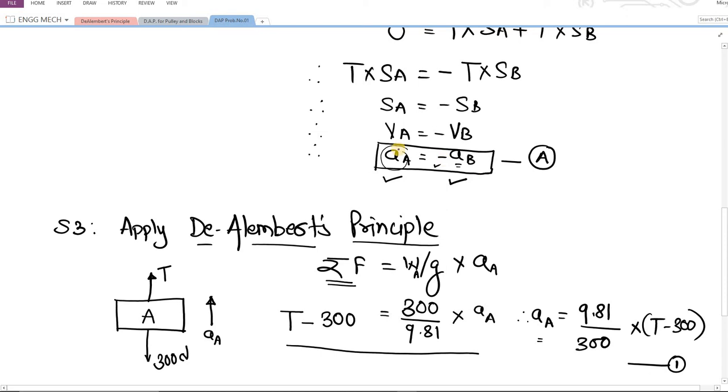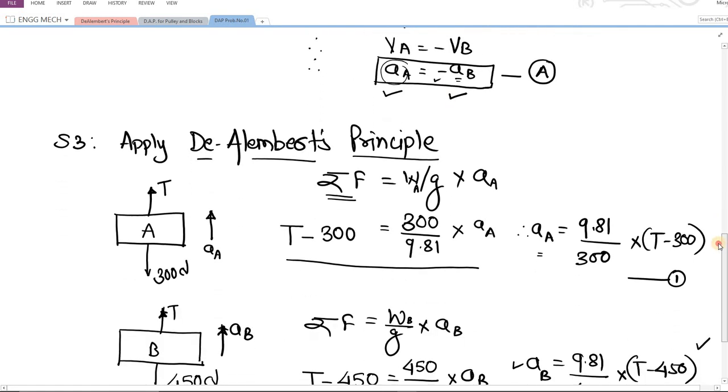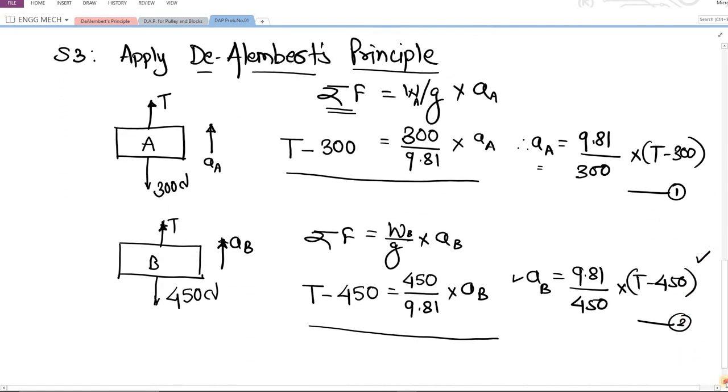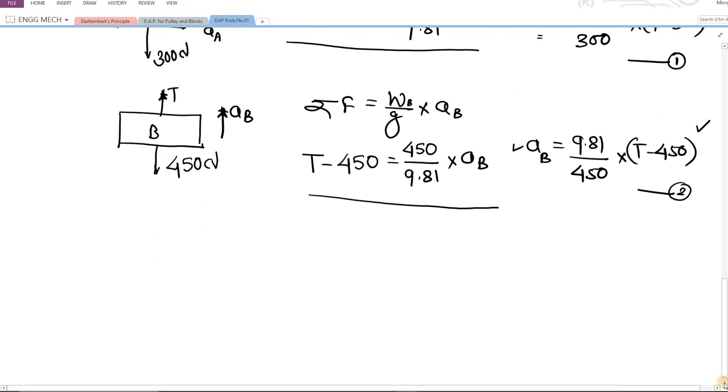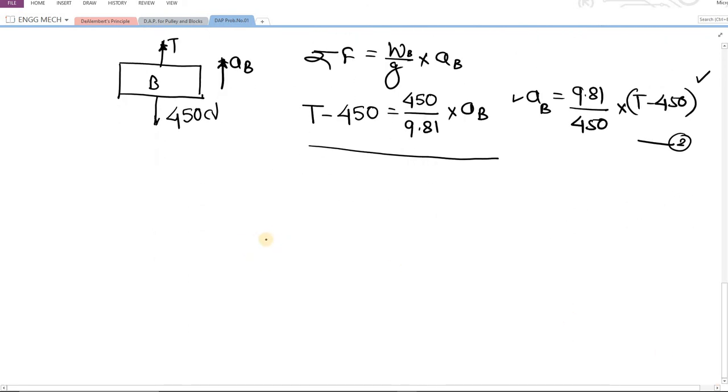Whatever kinematic relation we have established, in that relation exactly we have to insert the values of accelerations. Therefore, let's first write down the kinematic relation: A suffix A is equal to minus that of A suffix B.